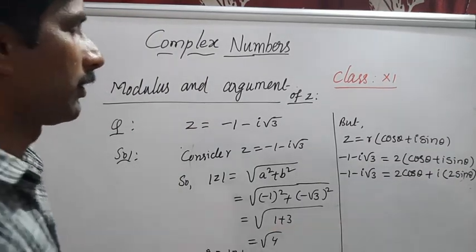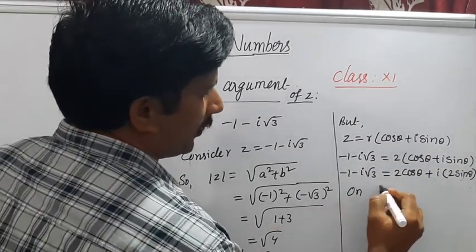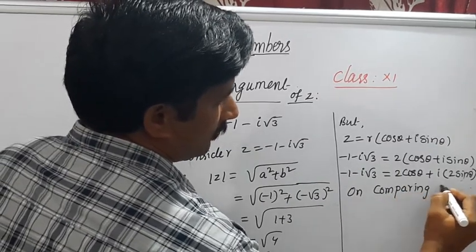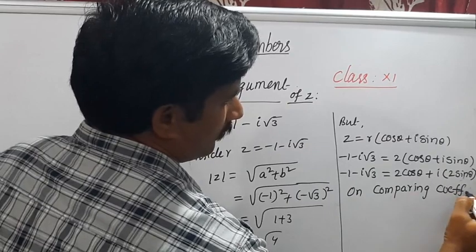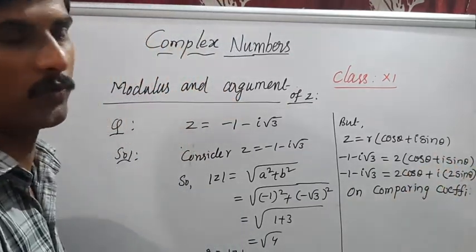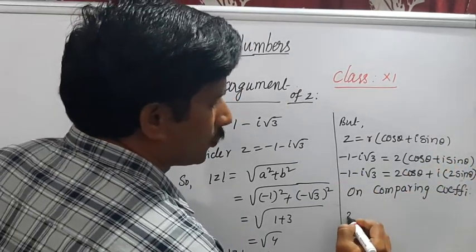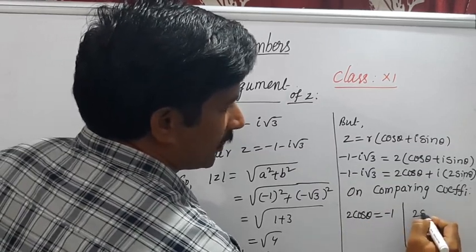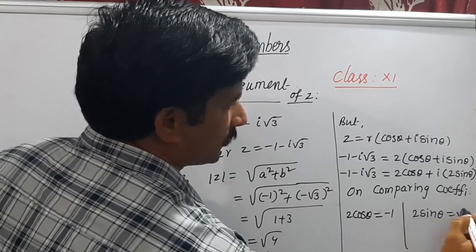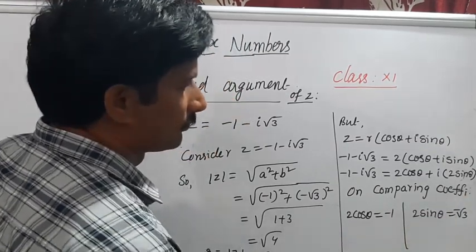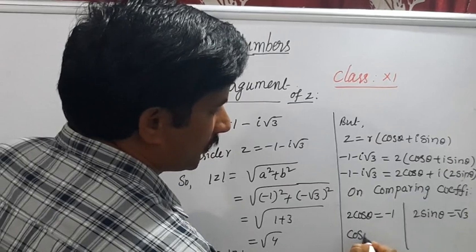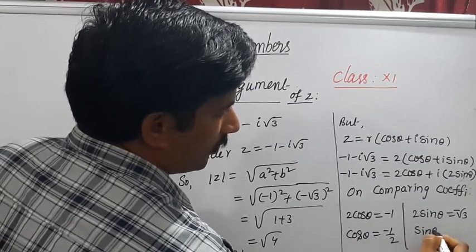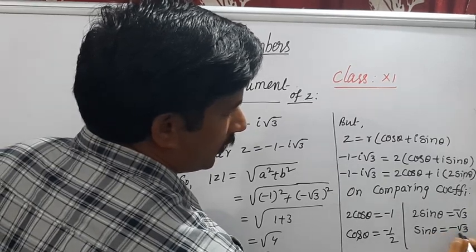On comparing coefficients on both sides, we get 2 cos theta is equal to -1, 2 sin theta is equal to minus root 3. So from this, cos theta is equal to -1 by 2, sin theta is equal to minus root 3 by 2.